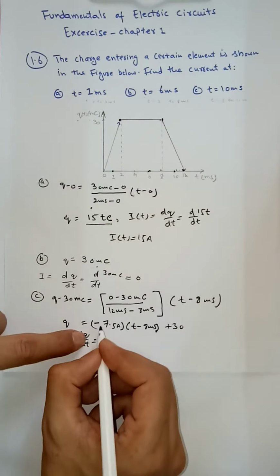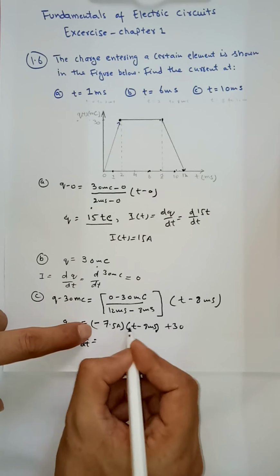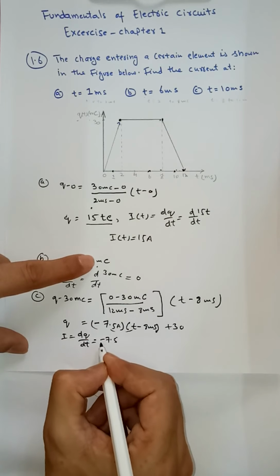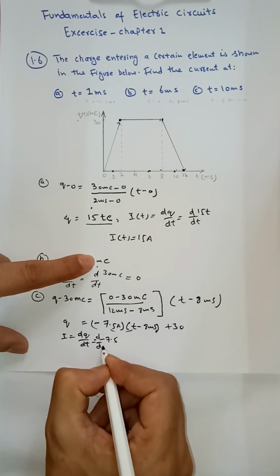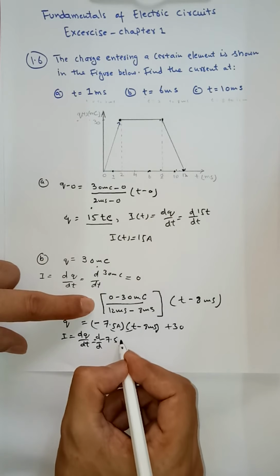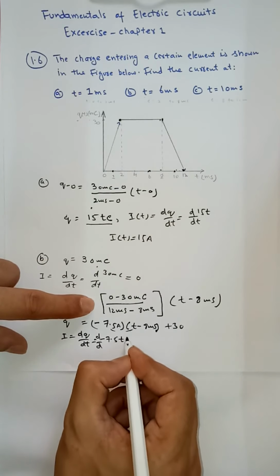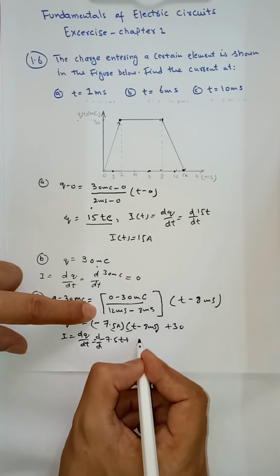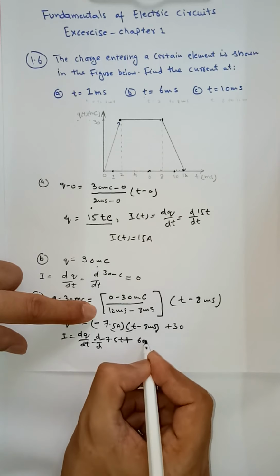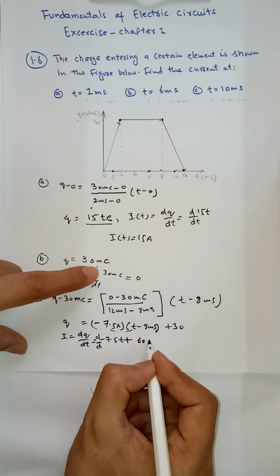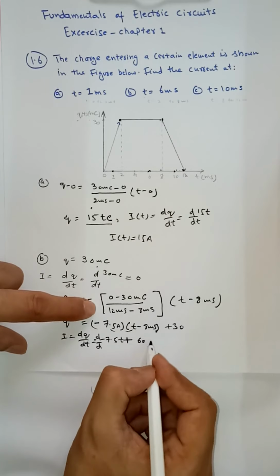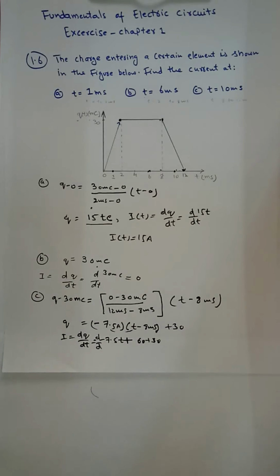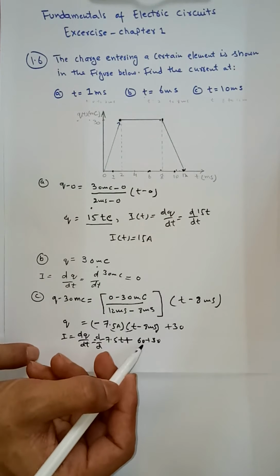So this would become minus 7.5 multiplying this with t. I can directly write here minus 7.5t plus minus 7.5 times minus 8, which would become 60, plus 30, and 60 plus 30 would become 90.